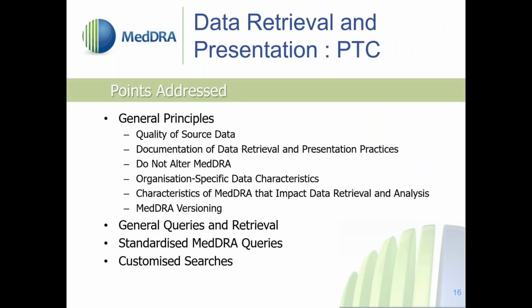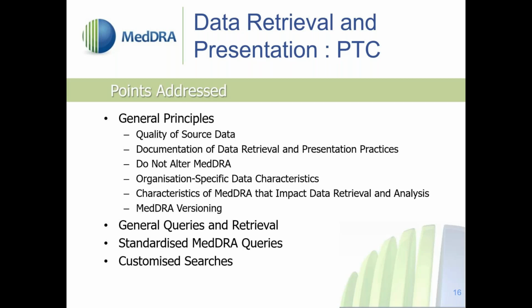So the types of topics addressed in that PTC guideline are really wide. It starts with general principles that are covered in detail in that other webinar, so we will just touch base on them real quickly. In terms of quality of source data, of course, we all know good quality output relies on good quality input. And here, data input is twofold.